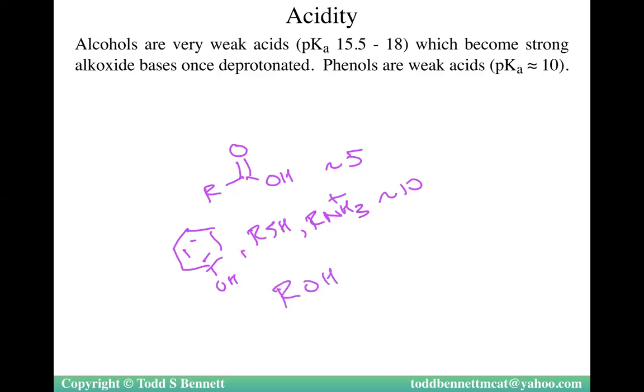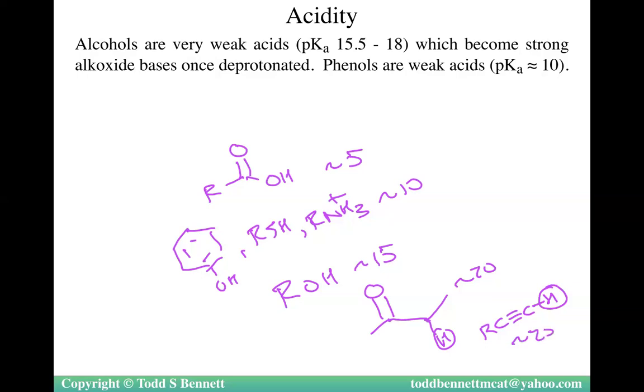Alcohols are around 15, maybe a little bit higher. Alpha protons, so that H right there, is around 20. And then 25, that H right here is around 26 actually, but I'm going to say around 25, just to make it easier to memorize.